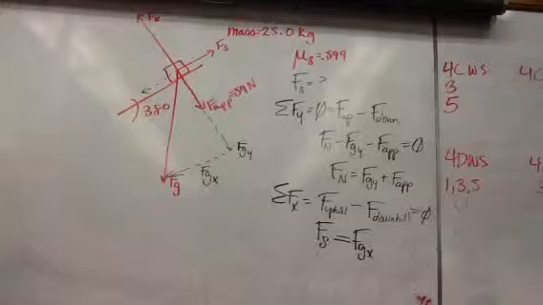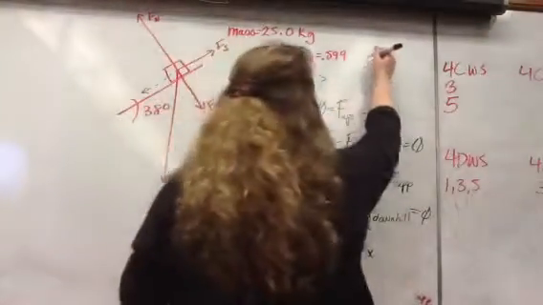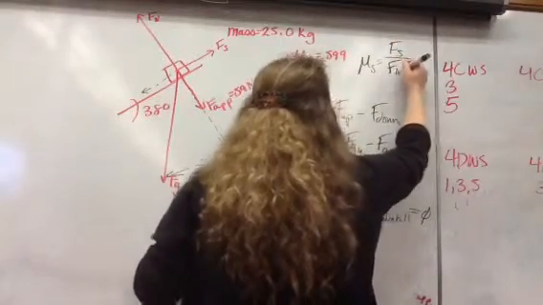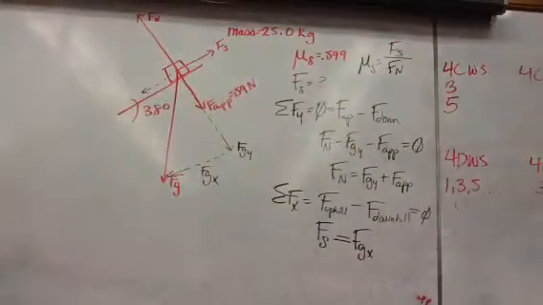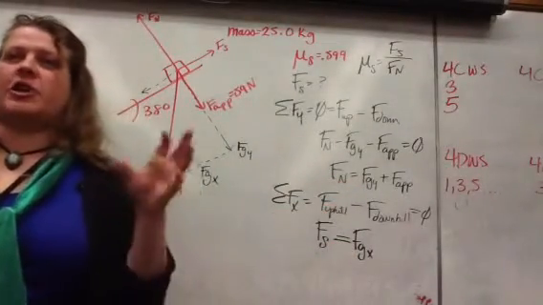Okay. So at this point, do you have enough information to solve for F of s? Because remember, you have an expression for each of those things. Everything in that expression, you know.